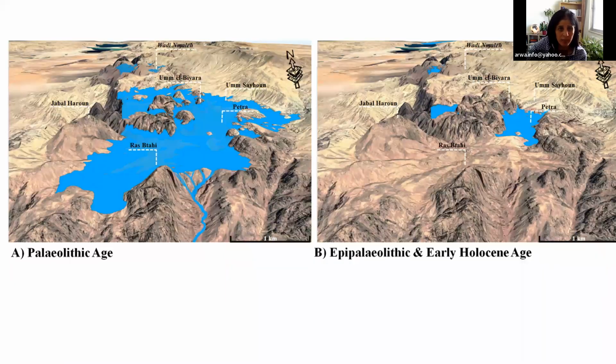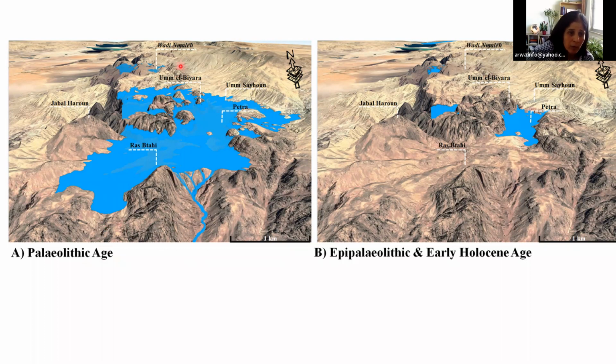So we use the OSL to understand this geological history of the region of Petra, which included, at the end of our conclusions, the presence of an ancient lake, which we named Lake Algae. Lake Algae, as you can see, during the Paleolithic age, has a wide and open area.